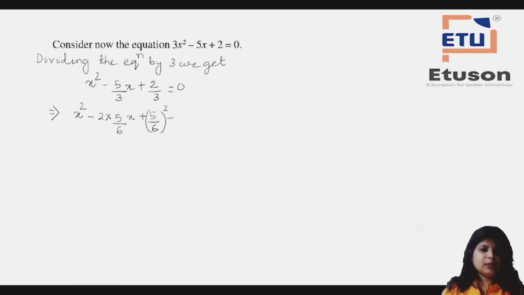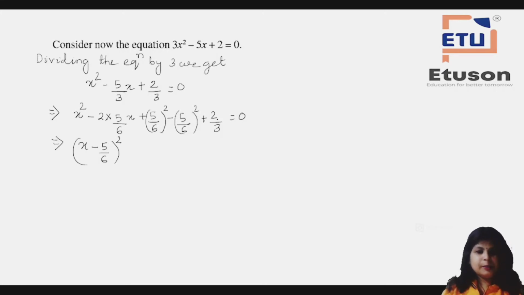So if you are writing 5 by 6 whole square, you need to subtract this thing. Why? Because this is the extra thing you have added, right? So plus 2 by 3 is equal to 0. Now these three terms, if you combine together, will represent x minus 5 by 6 whole square, right?